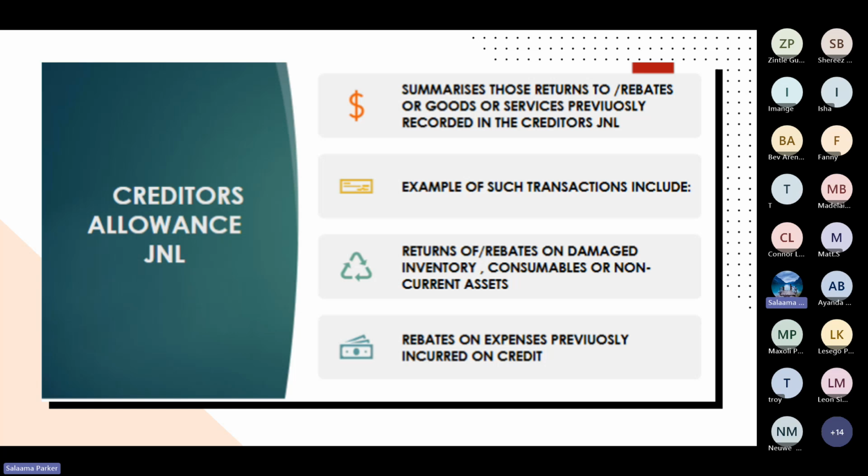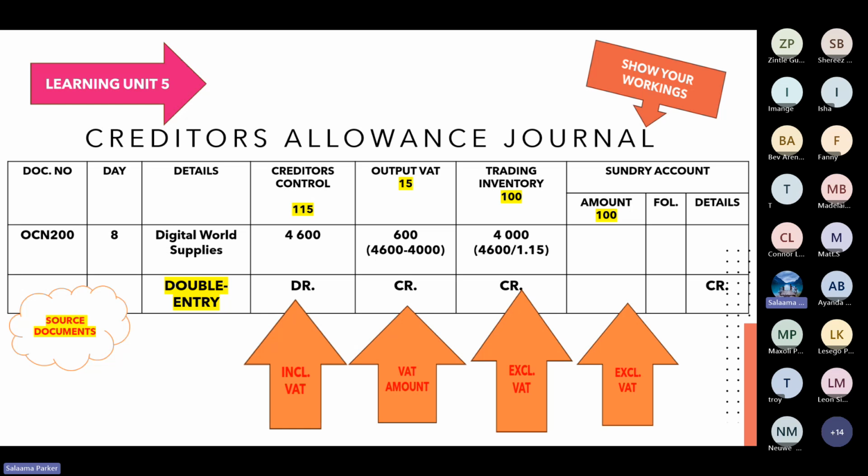So anything that you recorded in your creditors journal and now they're being returned for reason that they are damaged, etc. So creditors allowance, again, your source document, original credit note, and we had only one entry that we needed to record here. We had a return to Digital World Suppliers.